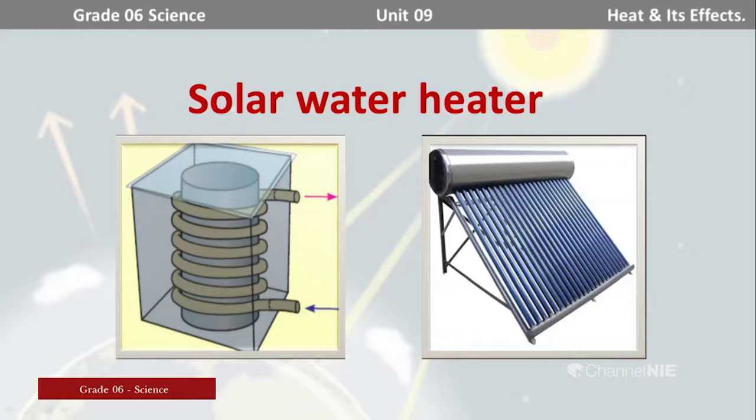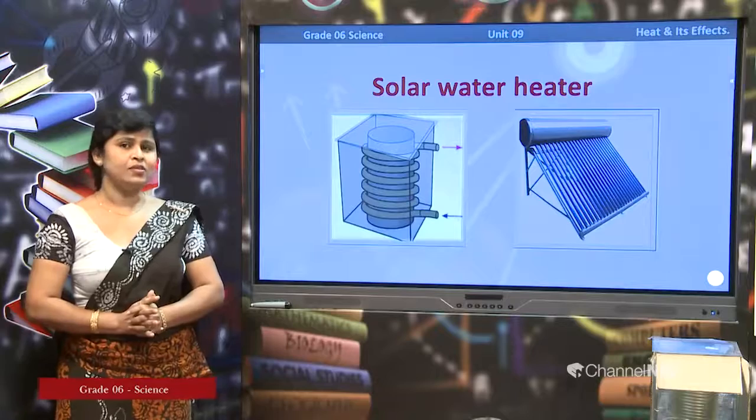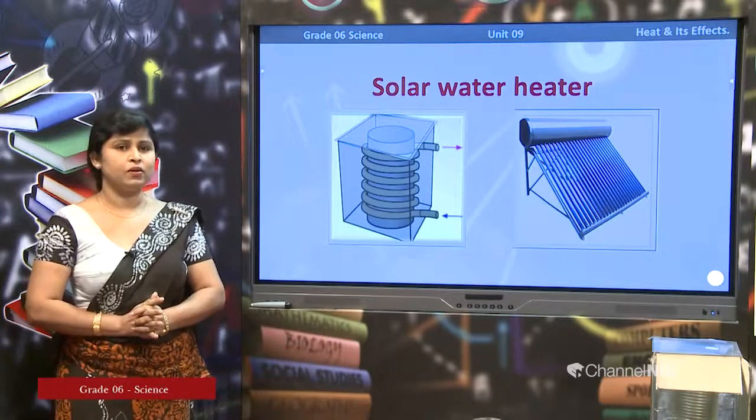This is given in your textbook as activity 9.3. So, you have to try to make a solar water heater at home. I also have got a model of a solar water heater, and now I am going to show it to you. Let us see.